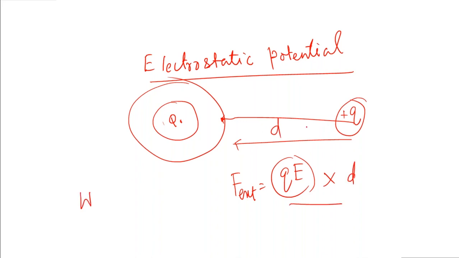Since it is a conservative force field, the electrostatic force field is a conservative force field, and whenever we talk about potential energy or potential, you have to understand that the force field is conservative.